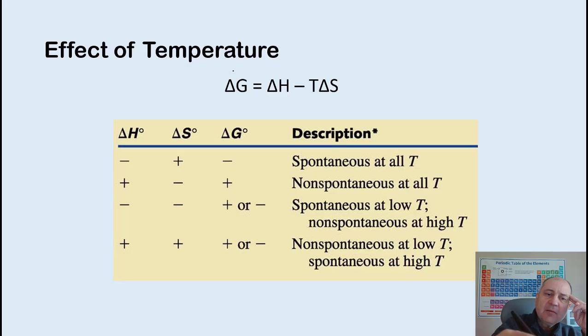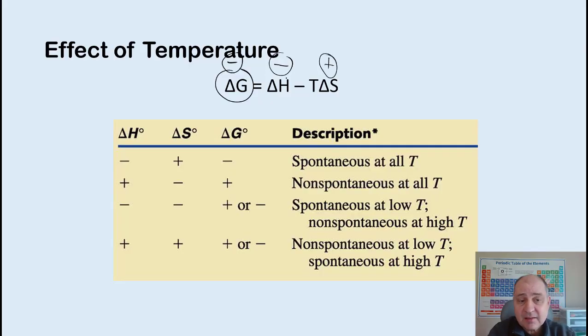As I said, we want this to be negative. So if we have a negative value for delta H, it's spontaneous, or enthalpy favorable. And if we have a positive value for delta S, then that becomes favorable.